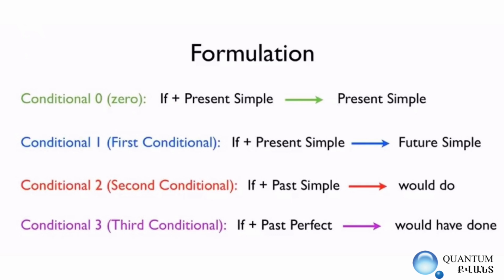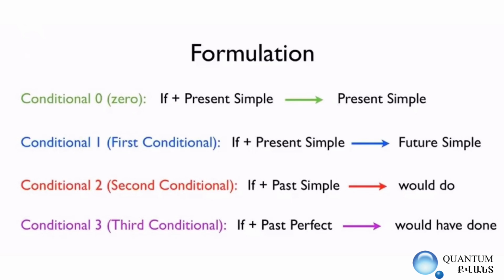So, zero conditional. In the if clause, we have present simple, and in the main clause, or the consequence clause, we have again present simple. First conditional. In the if clause we have present simple, and in the main clause we have future simple. Second conditional. In the if clause we have past simple, and in the main clause we have would do.